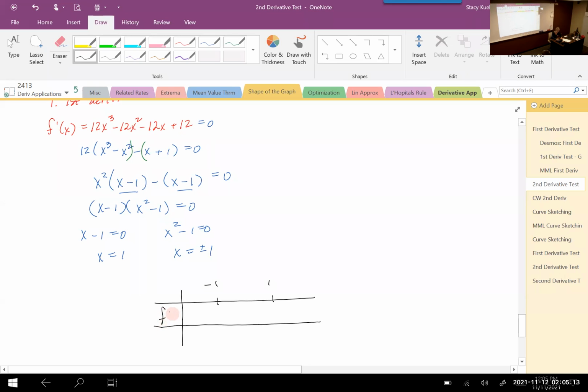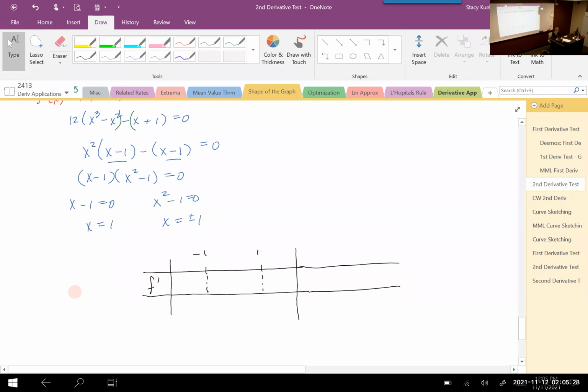The first derivative test I'm going to run. What's the first derivative going to tell me? Increasing or decreasing. Very good, whether or not it's increasing or decreasing.